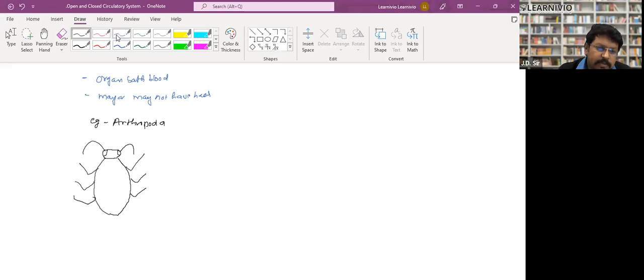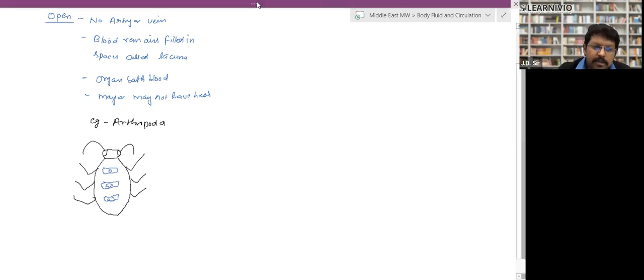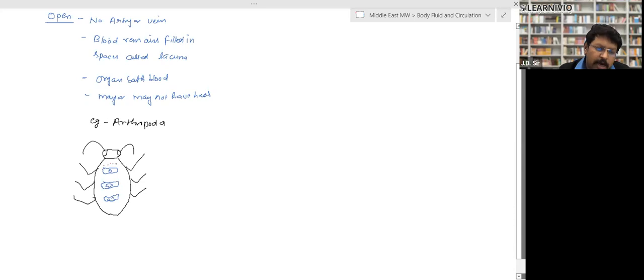In these chambers, organs are present. For example, it may be a heart over there. These organs remain bathing in the blood, and blood remains filled in these open spaces called lacuna, right?